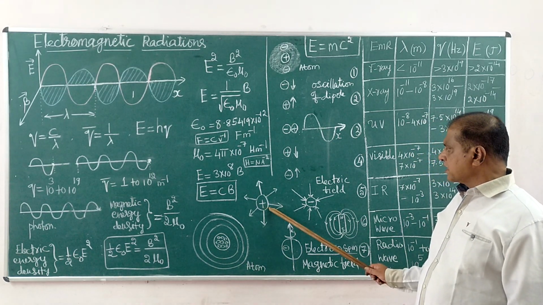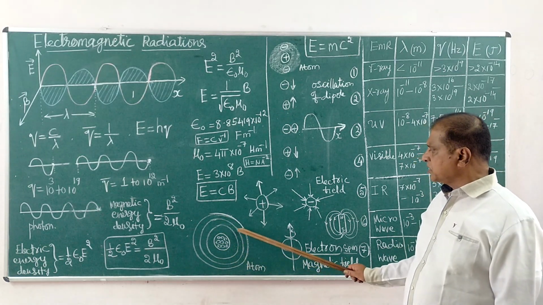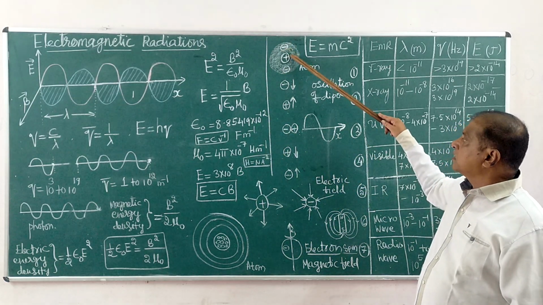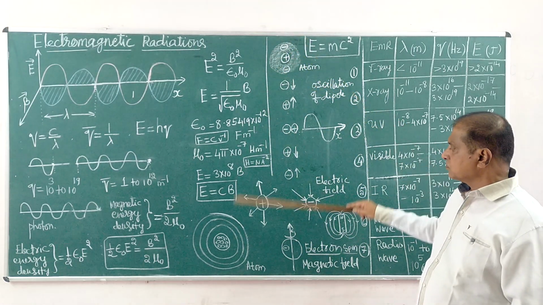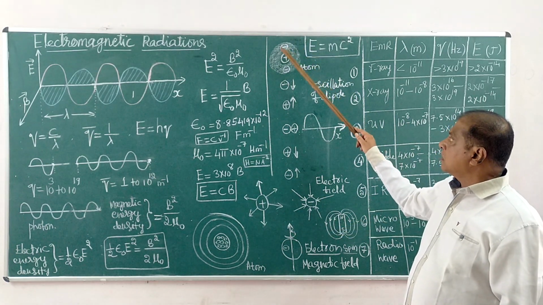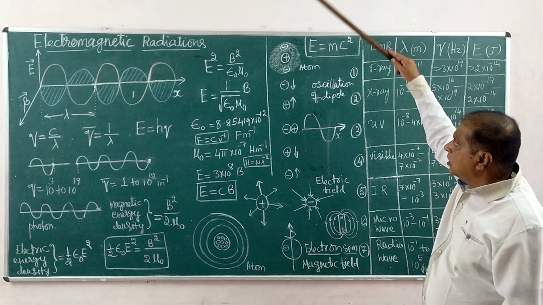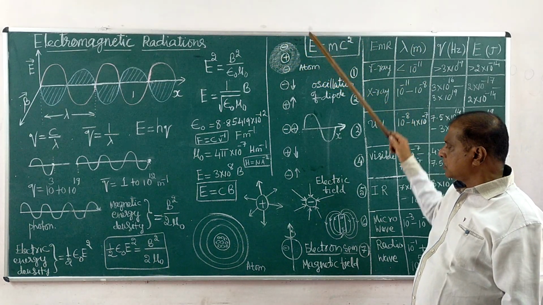Before going to the electric and magnetic field, let us talk about the structure of this atom: the electron cloud and the nucleus. The electron cloud carries negative charge, the nucleus positive charge.